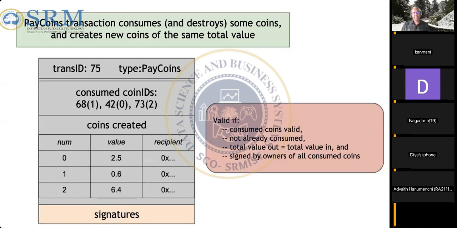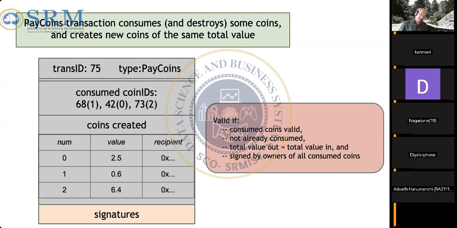Similarly, in the pay coin transaction, you have a series of coins which you spend, which we destroy, and then a series of new coins which we create. In a create coin transaction you don't have any inputs because you are creating the coins new.